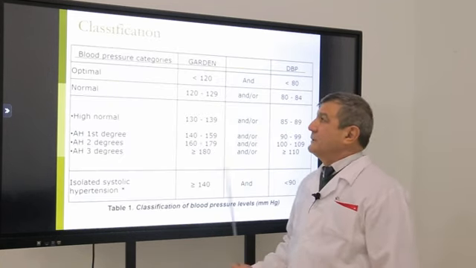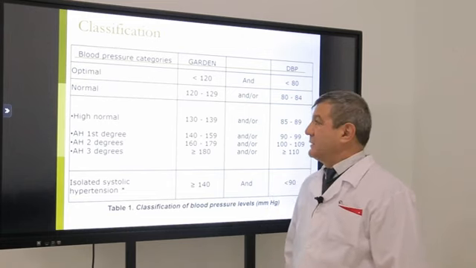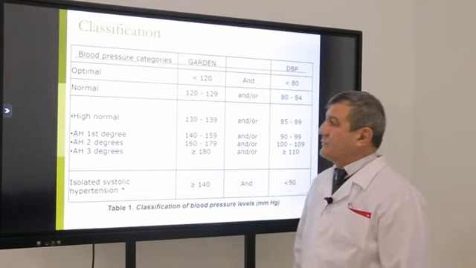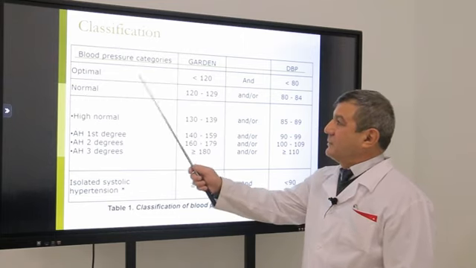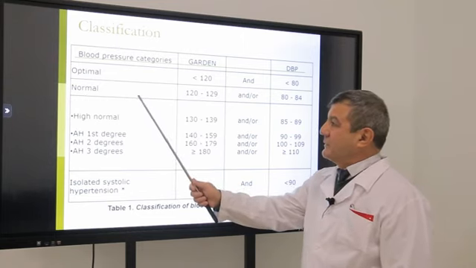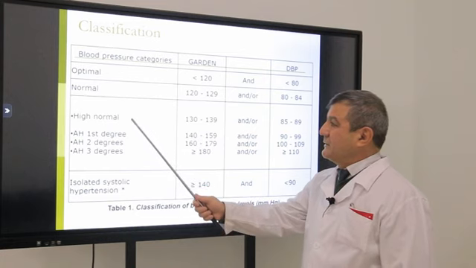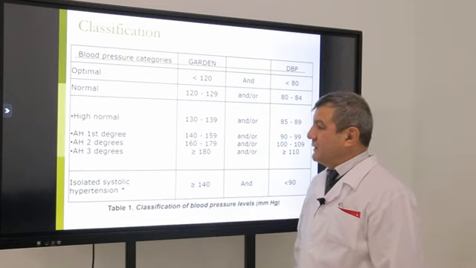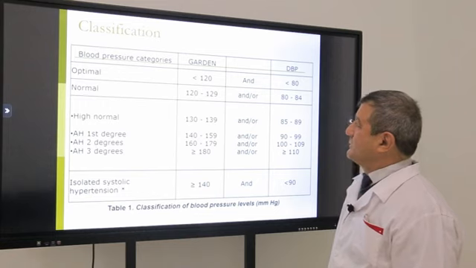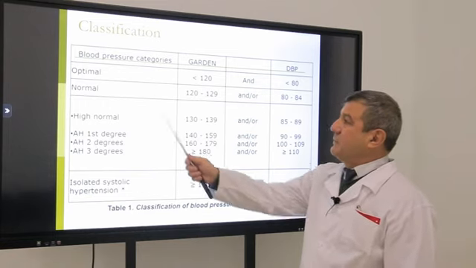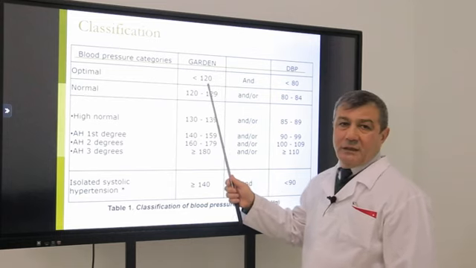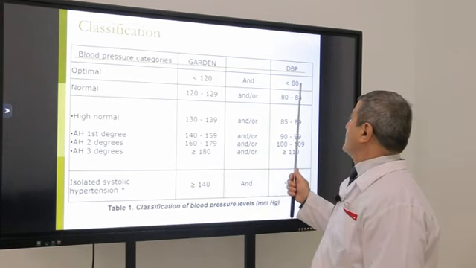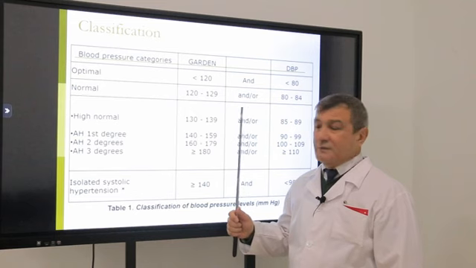Classification of arterial blood pressure. There are a lot of types of arterial blood pressure. For example, optimal blood pressure, normal blood pressure, high normal blood pressure, and first, second, and third degree. We say optimal blood pressure when systolic is less than 120 and diastolic less than 80.